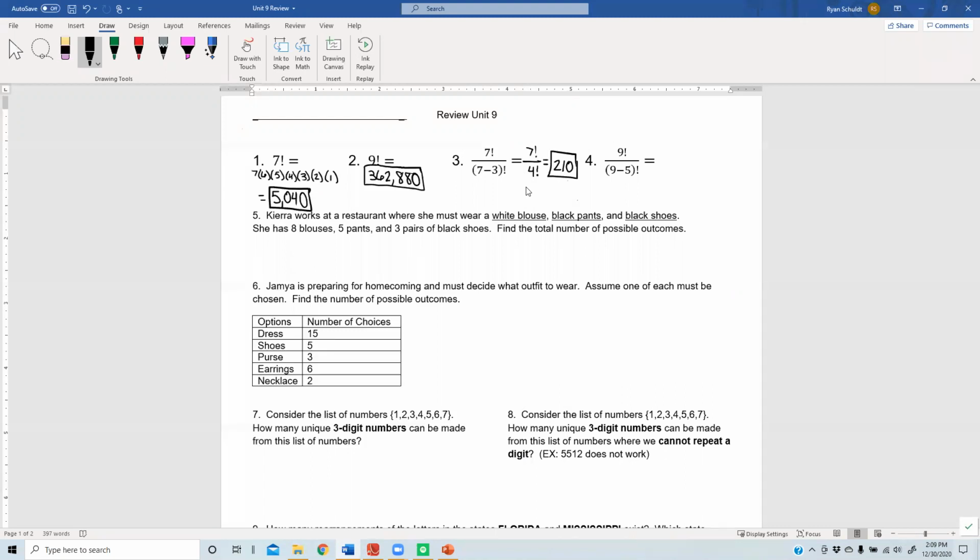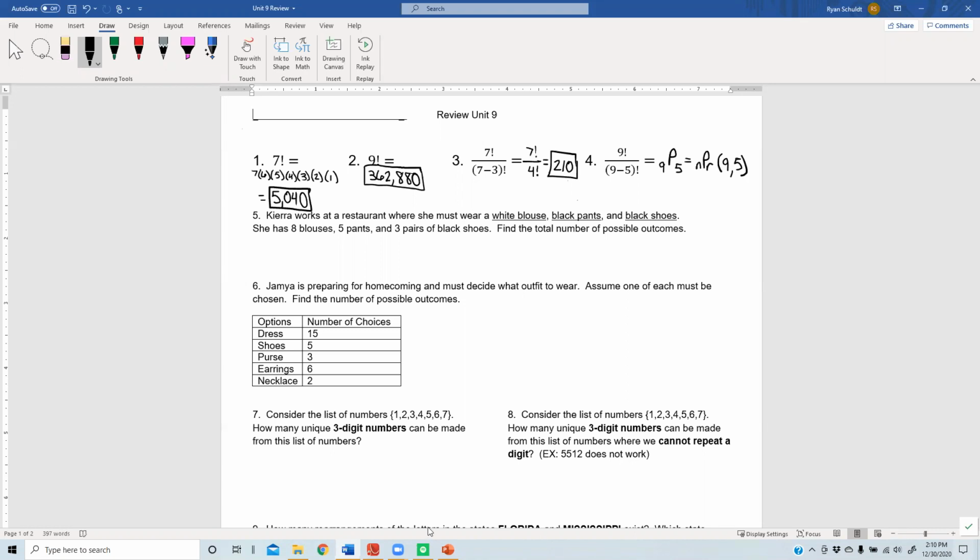The other way to do it is if we focus on number 4, this is the formula for a permutation. So 9P5, a permutation where you have 9 and you're picking 5 out. So in the calculator, that'd be nPr 9, 5.